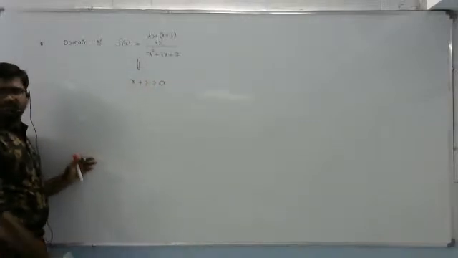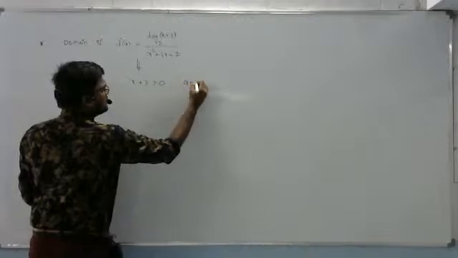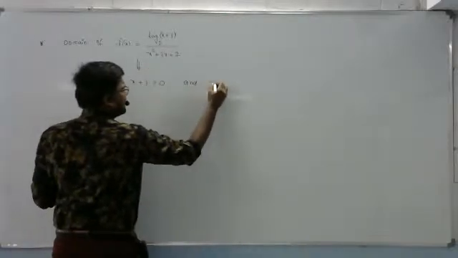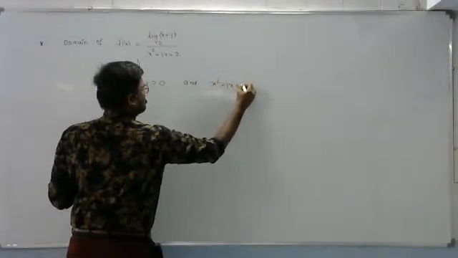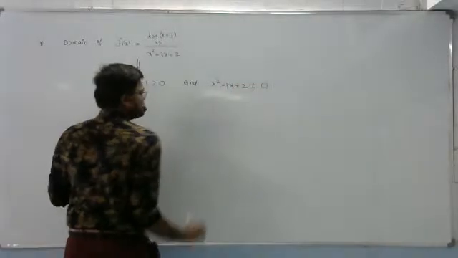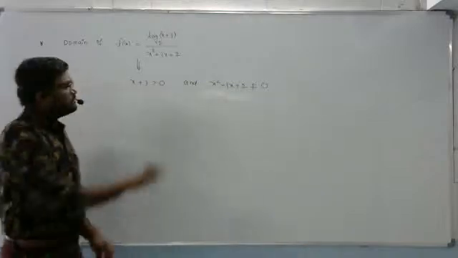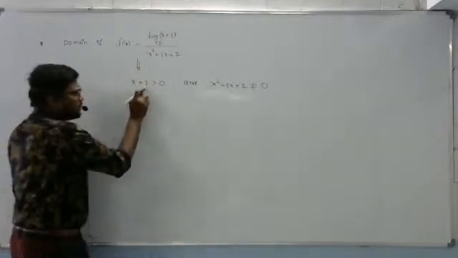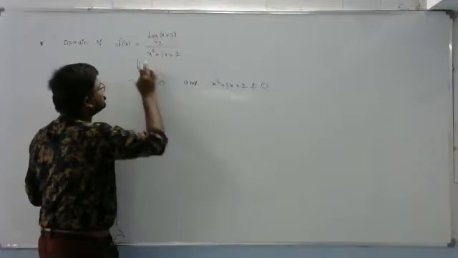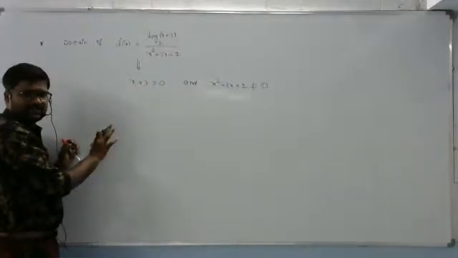So x plus 3 is greater than 0. And one more thing, since it is in the denominator, definitely this quadratic expression cannot be equal to 0. If you take the intersection of these two, that will be the domain. Do you have any other restriction? That's it. Only under these two conditions, this function is defined perfectly. Is it correct?